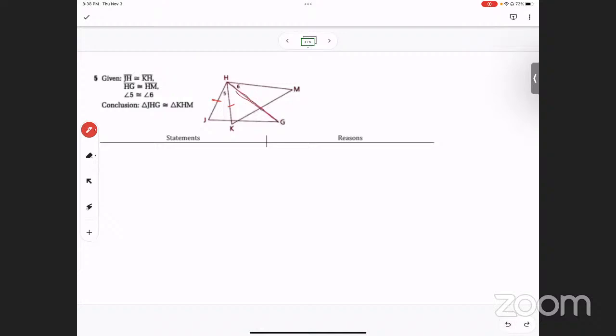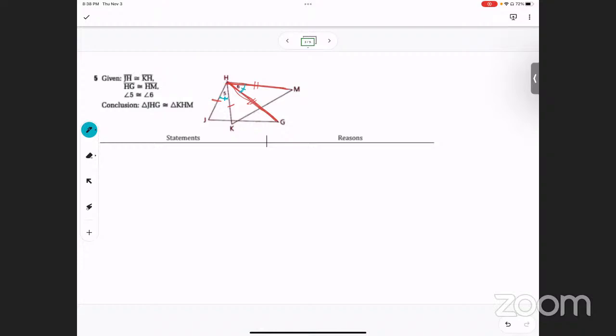That line equals HM equals that line. So that equals that. All right, and 5 equals 6. So that equals that. They want us to conclude that the triangles are equal to each other. And the triangles are the bigger triangles.